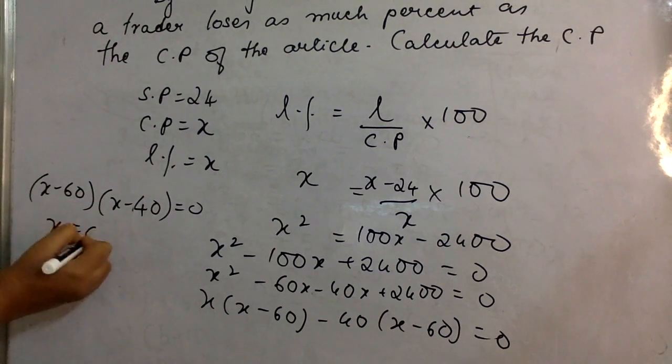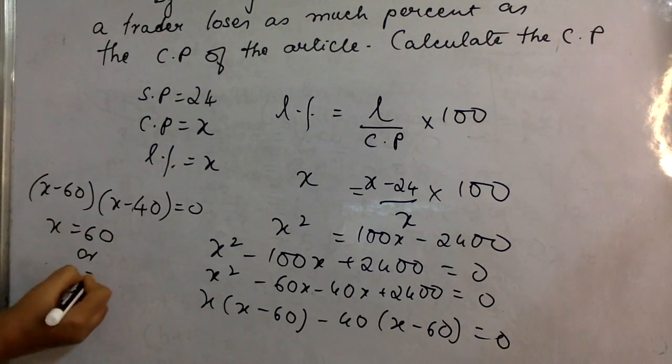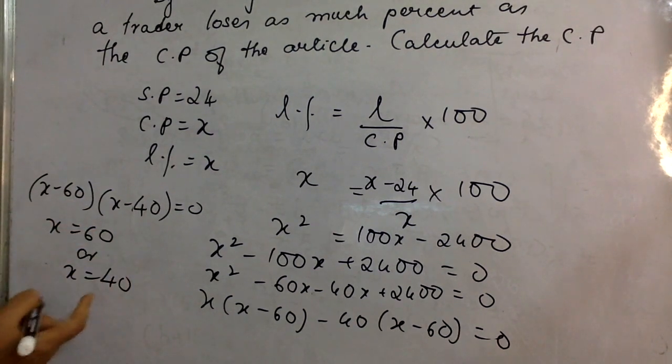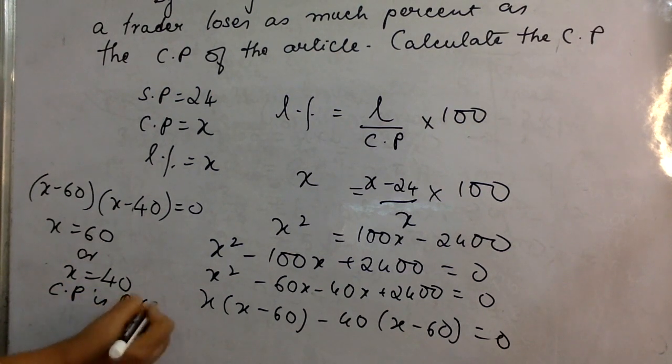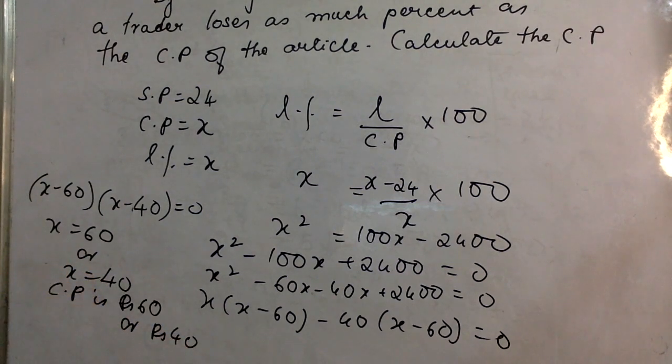So x is equal to either 60 or x is equal to 40. So the cost price is rupees 60 or rupees 40, both are possible. In both the cases this condition is applicable where the cost price and the loss percent are the same. So either 60 rupees cost price or 40 rupees, it happens for both.